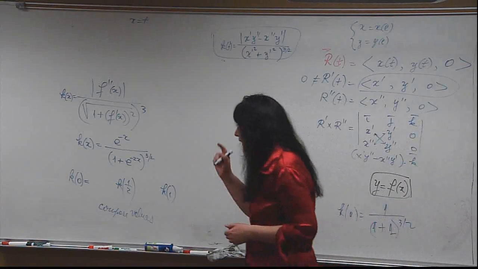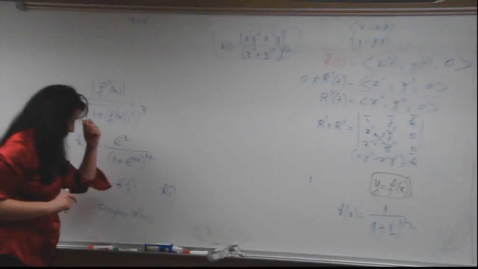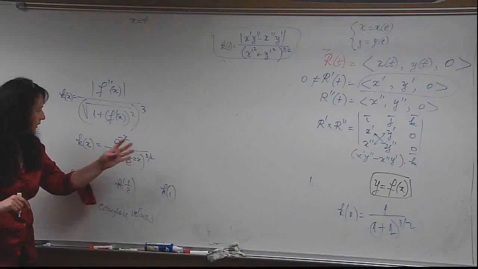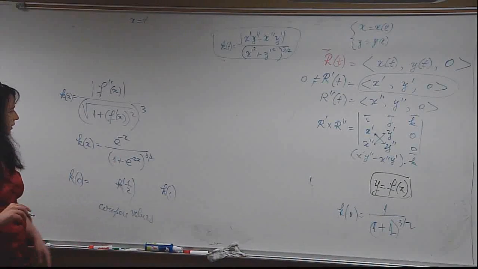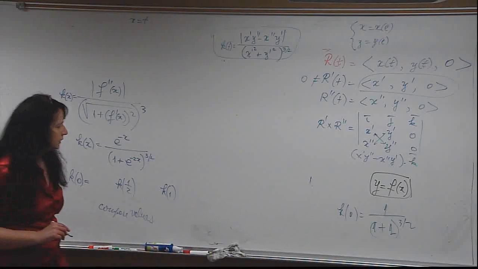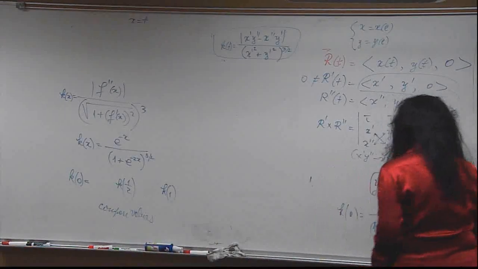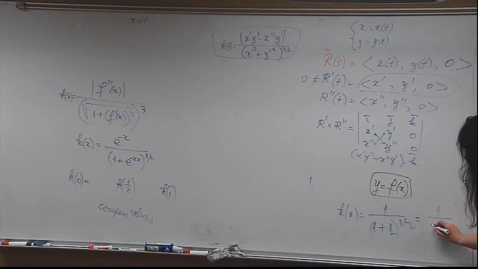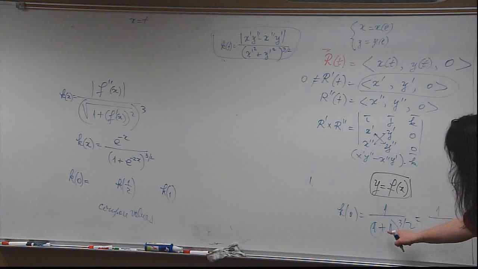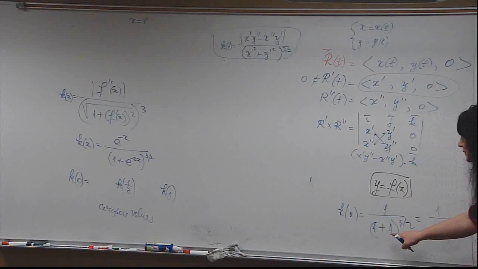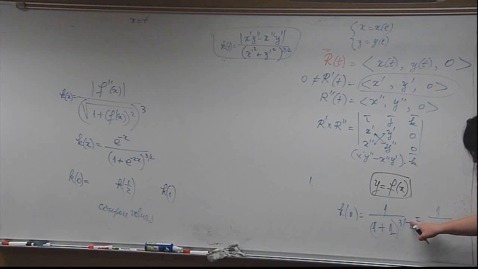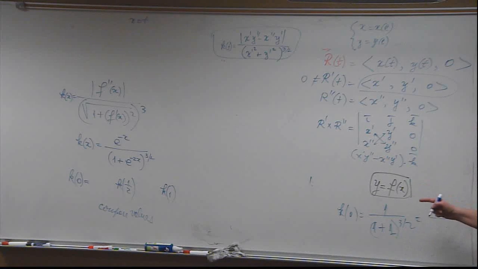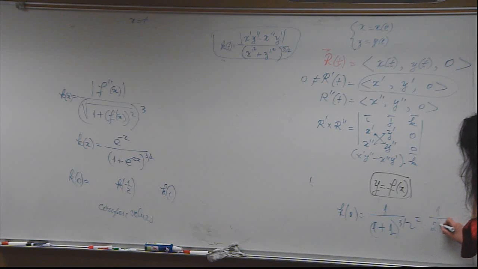I had a student in one exam who was rushing. He didn't realize that he had to take it slowly. He was extremely smart. 1 over 2 square root 2. You have 1 plus 1 is 2. 2 to the 1/2 would be square root of 2, cubed, would be exactly 2 square root of 2.